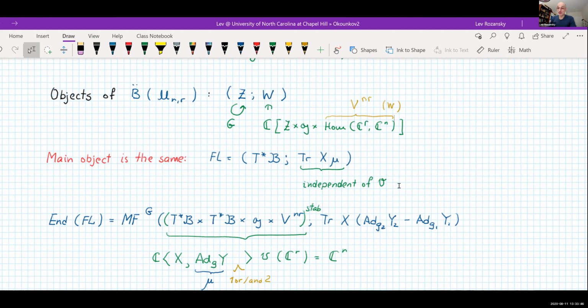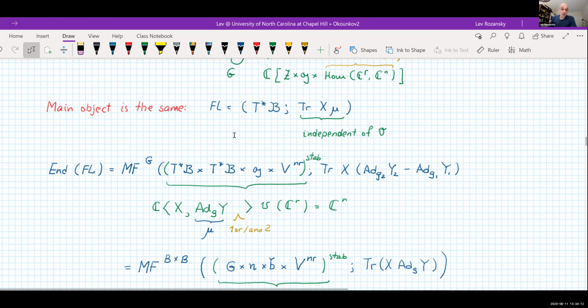So partial derivative is 0, so our W is 0, the one from Hom from CN to CR. So therefore, our Lagrangian will fit with stability, will lie nicely in the quotient of the stable subspace of cotangent bundle.